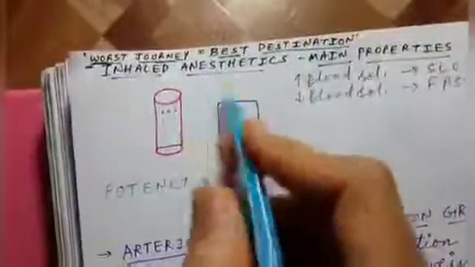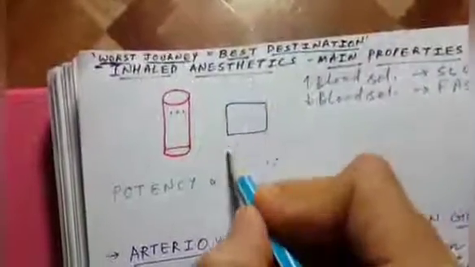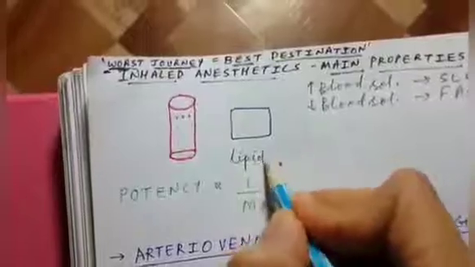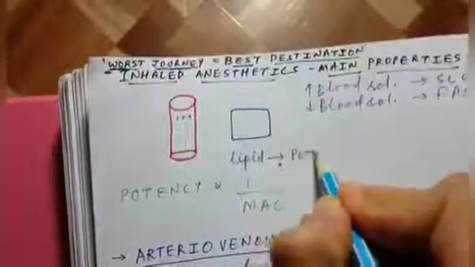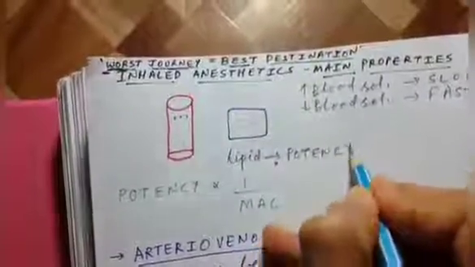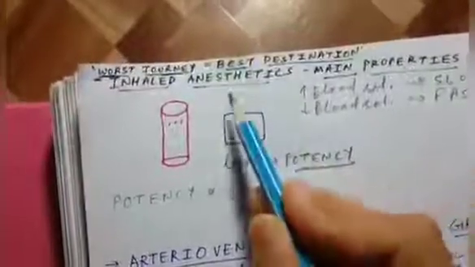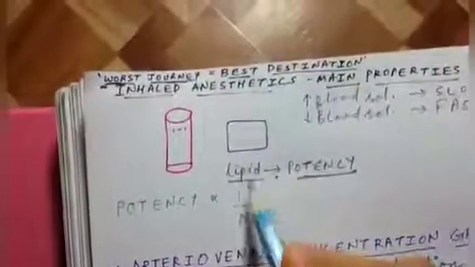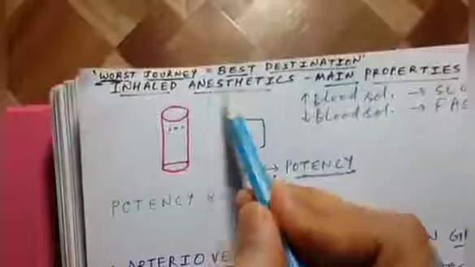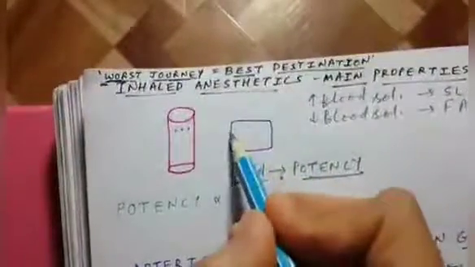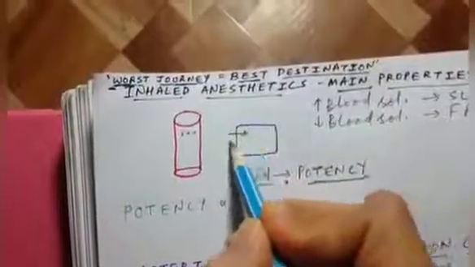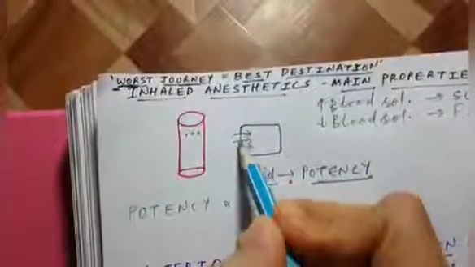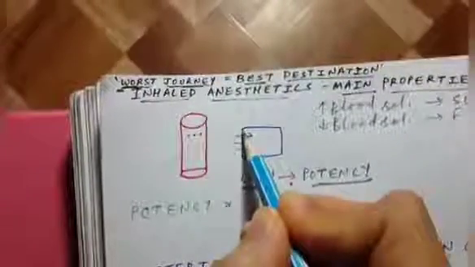Now the solubility of inhaled anesthetic in lipid determines the potency. What do I mean by that? Potency means whether the anesthetic is strong or mild, and it is determined by its solubility in the lipid. If the anesthetic is more lipid soluble, then it will quickly cross the cell membranes, because the cell membrane contains lipid.